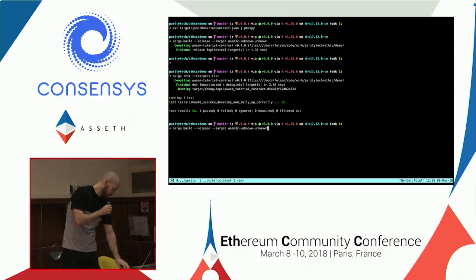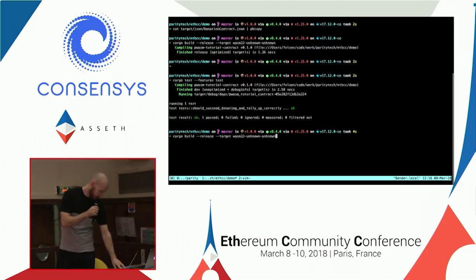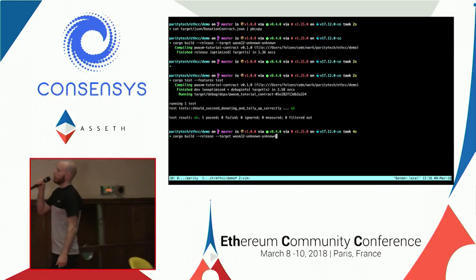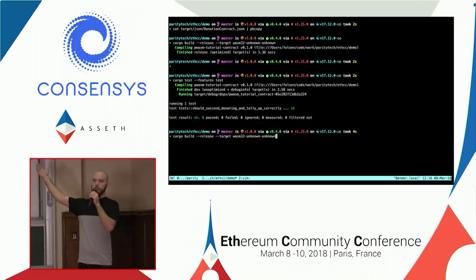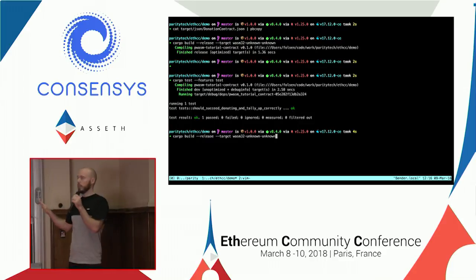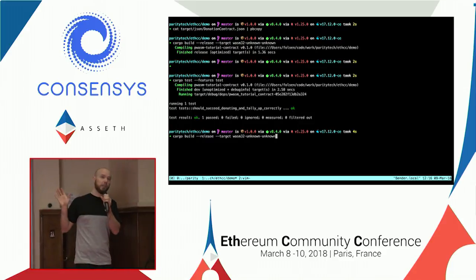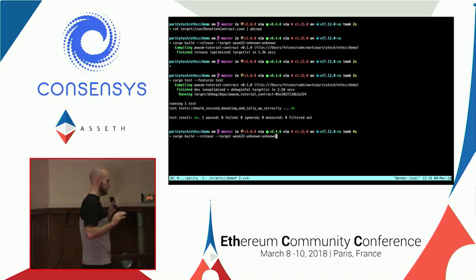Now I can make this a little bit larger. Now we want to build, and so we build our release with the WASM 32 target. This is still just plain Rust, plain cargo. We haven't done anything special at all until this point.